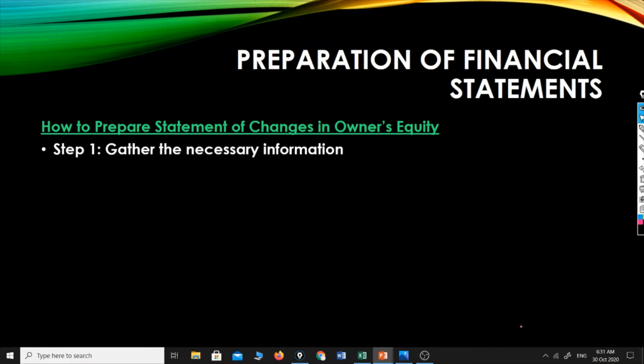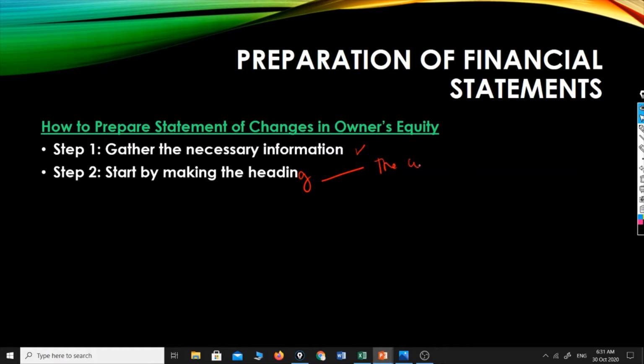So how should we prepare the statement of changes in owner's equity? Of course, gather the necessary information, all the relevant amounts that we need. Next is start by making the heading. Of course, the heading, the company name, again, and then what specific financial statement is this?